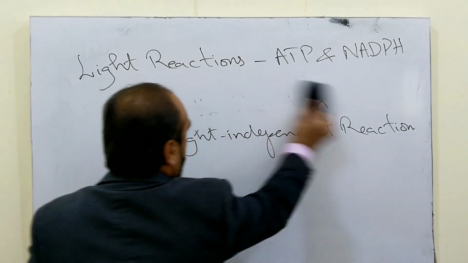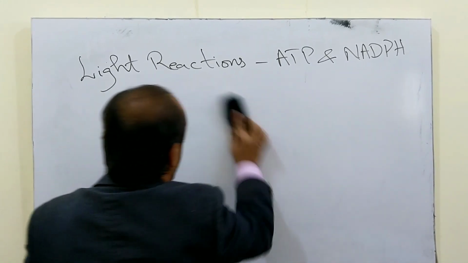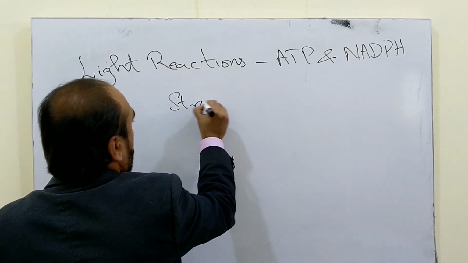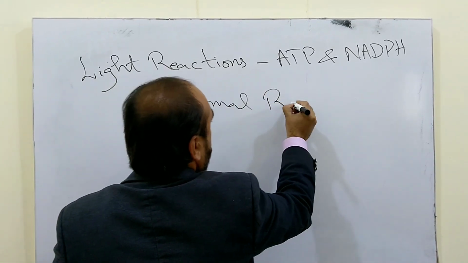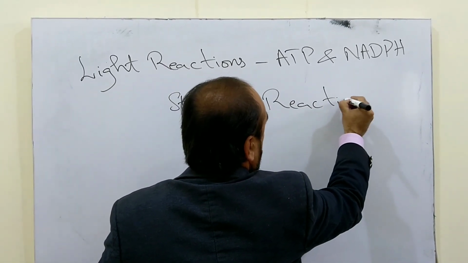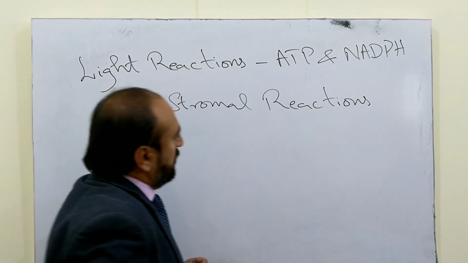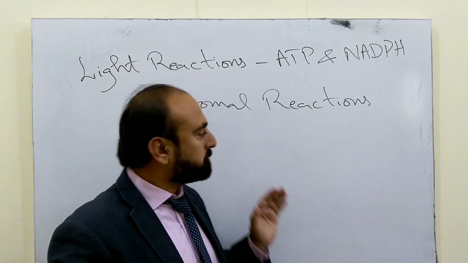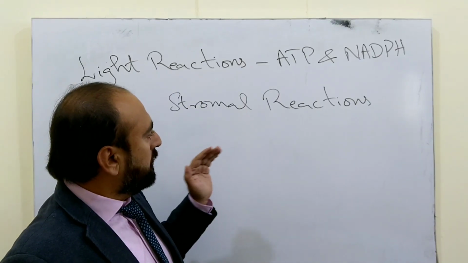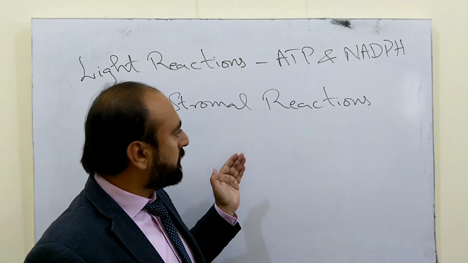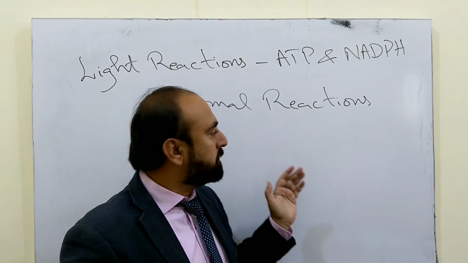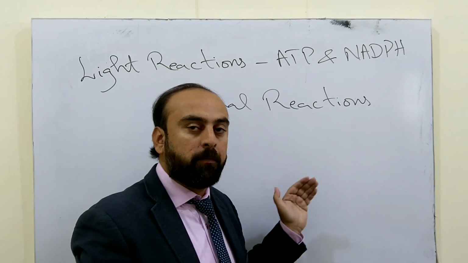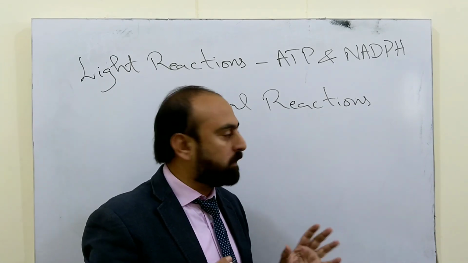So a more appropriate name is stromal reactions, because light reaction takes place in thylakoids, whereas the next set of reactions or carbon reduction reactions take place in stroma, that is the fluid medium surrounding these thylakoids.